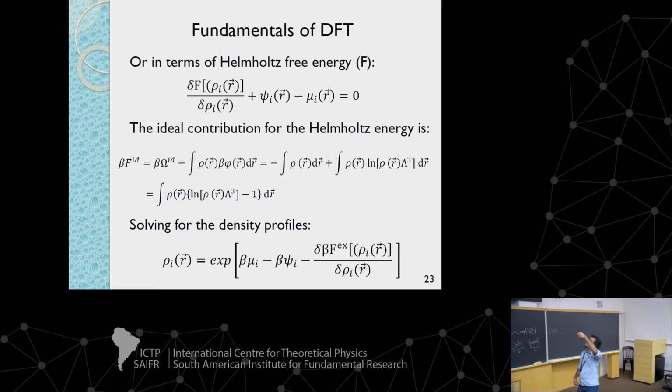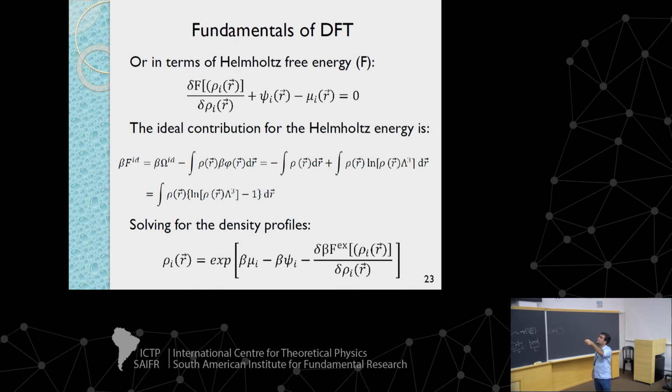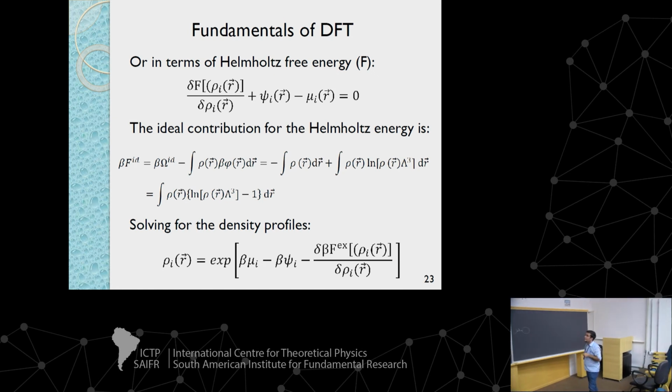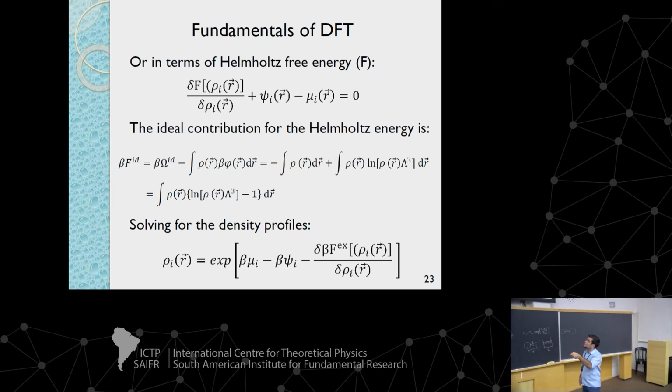So here we write it in terms of free energy. We just have to introduce this equation in this derivative here. So we have this equation. And the ideal contribution is well known, so we can solve it analytically. We have this expression.